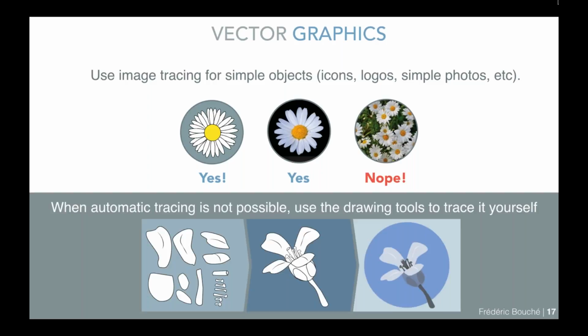In this kind of situation, when it's too complex and the automatic tracing is not possible, you still can use the drawing tools of, for example, Illustrator to draw the plant you want to draw. Here it's an Arabidopsis flower, and this is how I did it. I found a picture I liked of Arabidopsis. I imported it into Illustrator, and I locked it, so I couldn't do anything with the picture. It was in the background, and I couldn't move it, touch it, or anything.